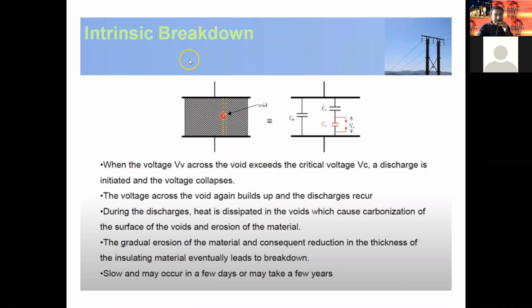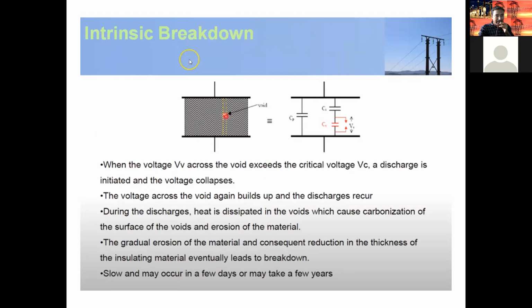Because of that, under very high voltage conditions, a spark is observed in the void. The spark means the air becomes conducting. Because of that spark, the surrounding void will erode.